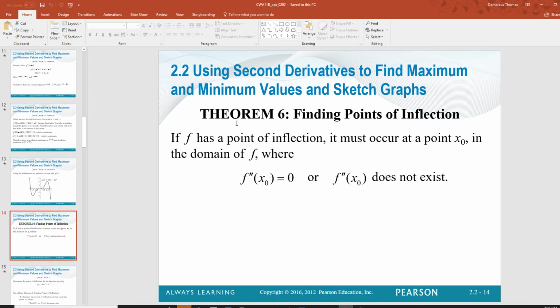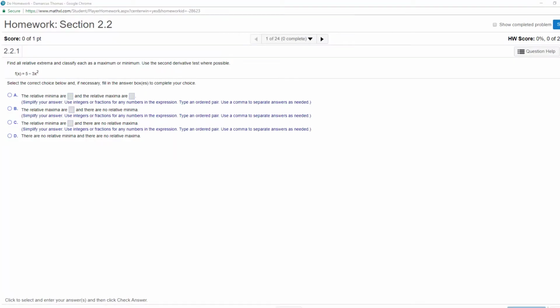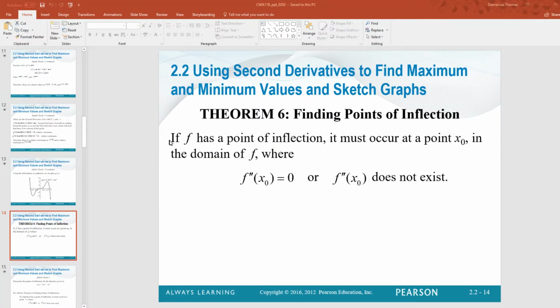Here's the theorem for the point of inflection. If f has a point of inflection, it must occur at a point x naught in the domain of f, where f double prime of x naught is either 0 or f double prime of x naught does not exist.